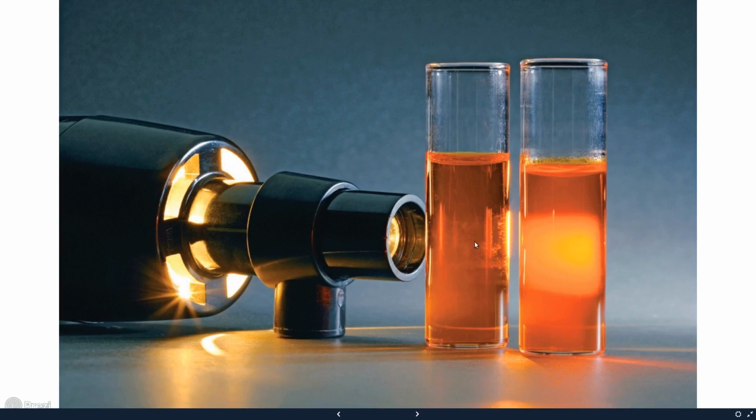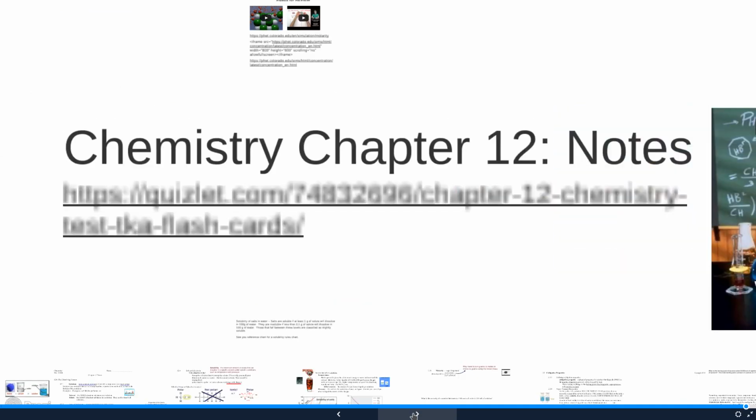Now notice that this side, it's clear all the way through. So this one is the true solution. This side scatters the light so you can see the light beam going through the liquid, and that's the colloid. Now they almost look the same. This one's a little cloudy, so that might make you think that it's not a true solution because a true solution won't be so cloudy. All right, so that's the end of your notes.